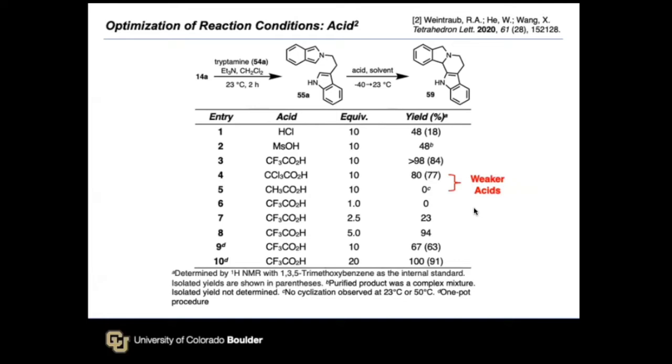Next, for the number of equivalents, we found that the percent yield increases as we increase the number of equivalents, with 5 equivalents giving a 94% yield for the stepwise procedure.